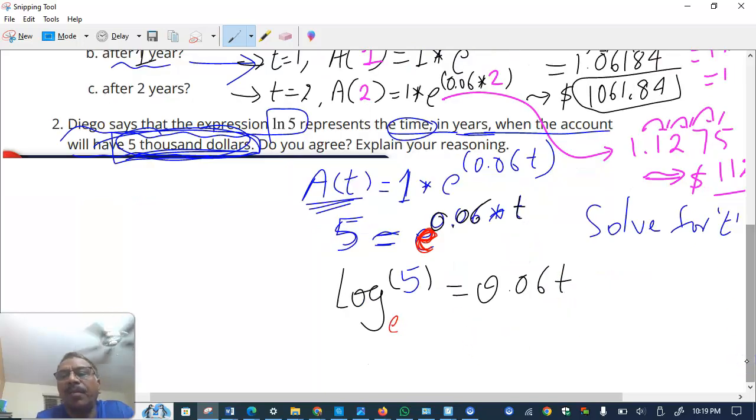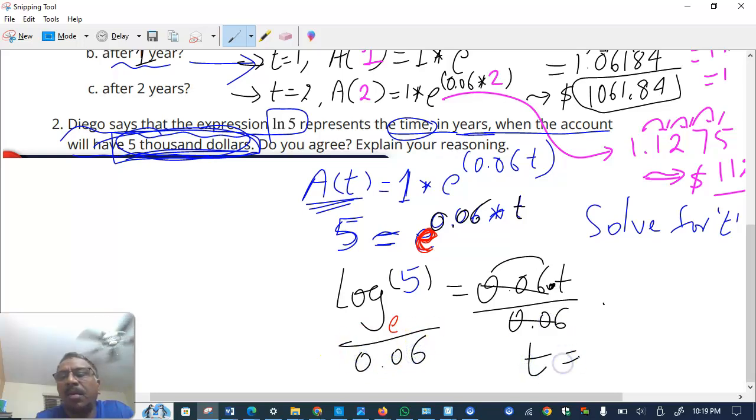And if you want to figure out what t is, you have to get rid of this 0.06, so you divide this side also by 0.06. So t equals, and the shortcut for log when the base is e is we can just write ln of 5 divided by 0.06.